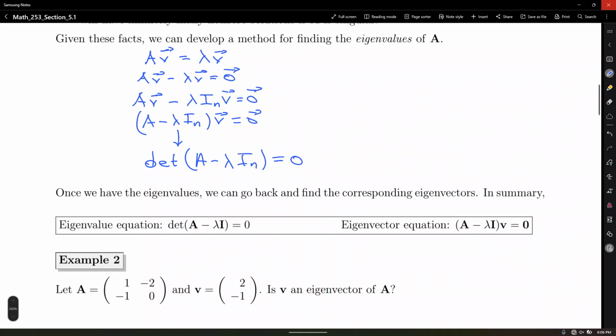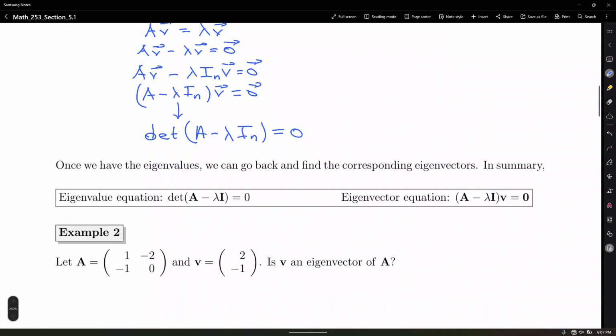Once we have the eigenvalues, we need to go back to find the corresponding eigenvectors. So the summary of the equations we're going to use for this process is, number one, the eigenvalue equation. So we're looking for numbers, not vectors, not matrices, such that the determinant equals 0.